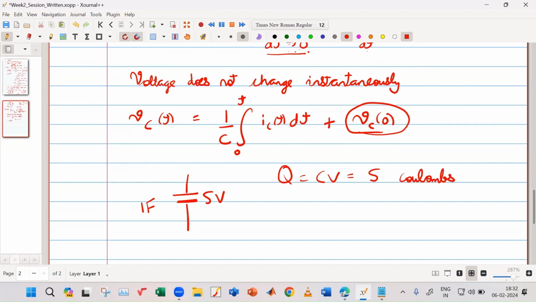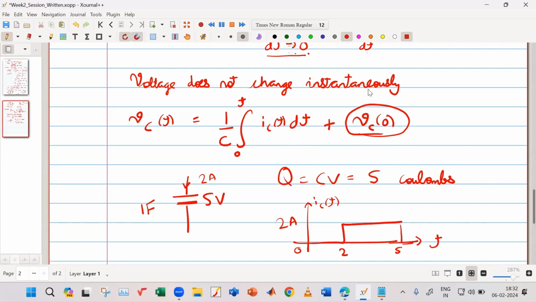Now assume I add a 2 ampere DC current. This is your capacitor current graph, from 0 to 2 to 5.